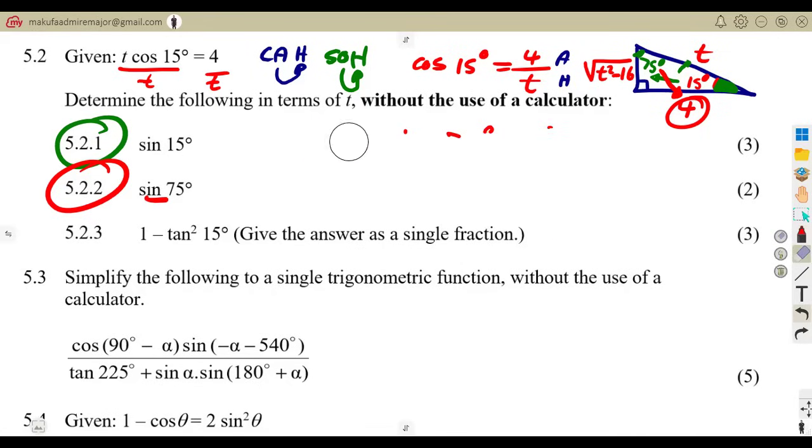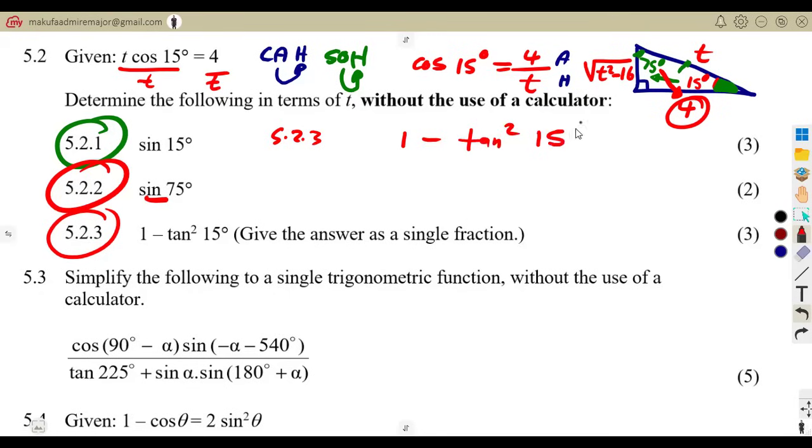So let's simplify, guys. Another question, which is 5.23: 1 minus tan squared 15 degrees. And they're saying give the answer as a single fraction. So let's check. 1 minus, remember tan from SOHCAHTOA is opposite over adjacent.